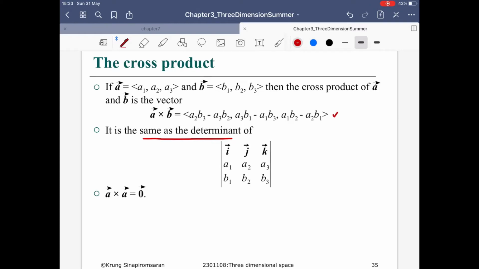The determinant will be the one that consists of the first row as i, j, k, the second row as the components of A, and the third row as the components of B. Hopefully you know how to find a determinant of 3x3 matrices. So for this one you can write down another two columns, A1, A2, and B1, B2, and what you are going to do is to multiply until you get 3 terms.